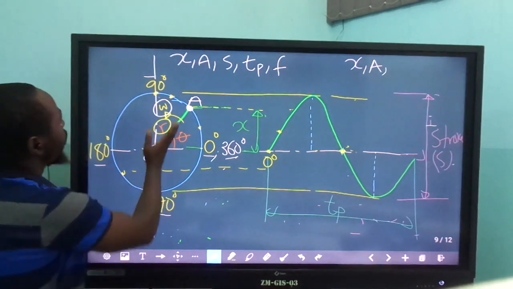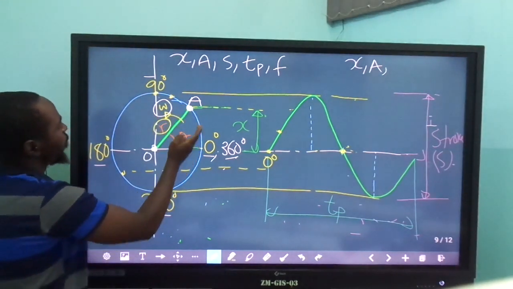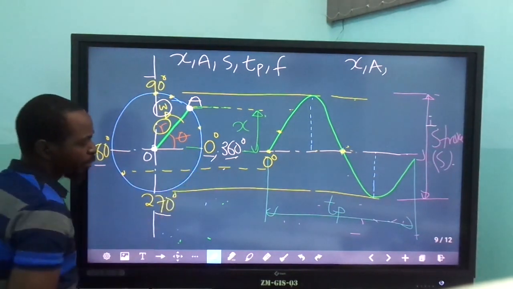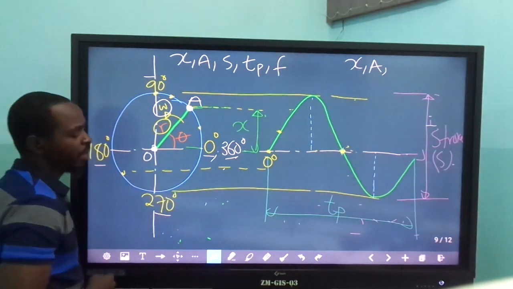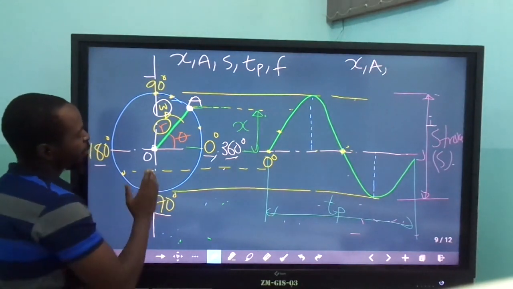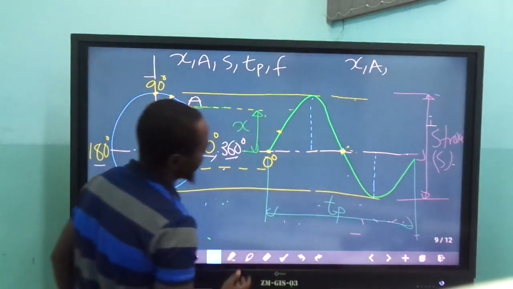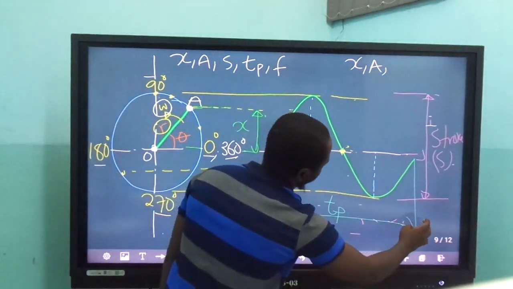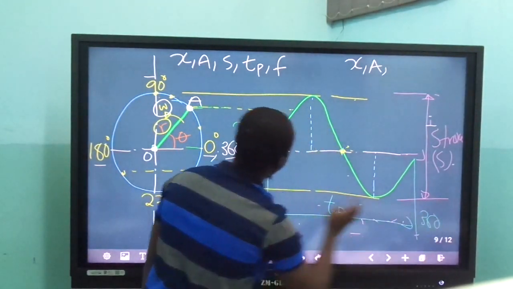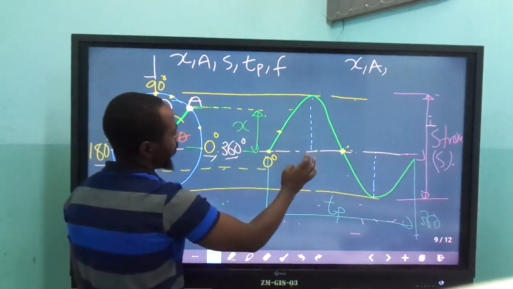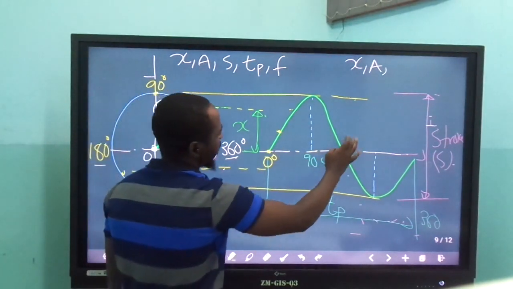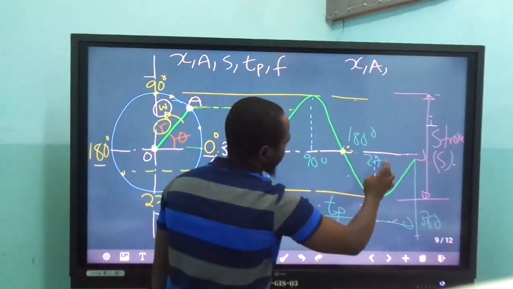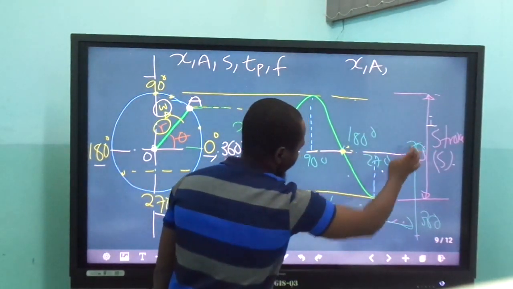So for this to move from 0 and back to 0 to make one complete revolution, when we translate this, it is the time from 0 to 360. So from 0, we reach maximum at 90 degrees, 180 degrees, then 270 degrees, and then 360 degrees.